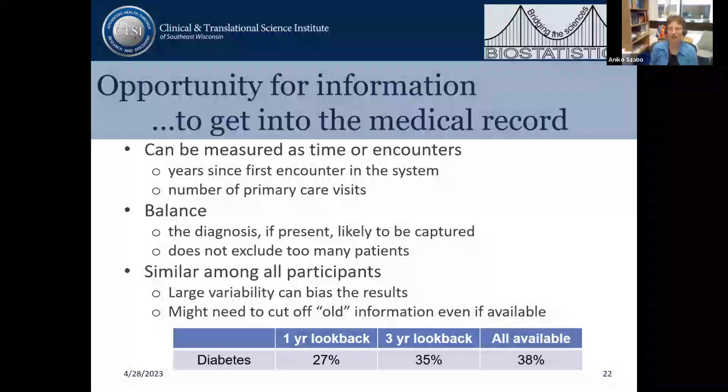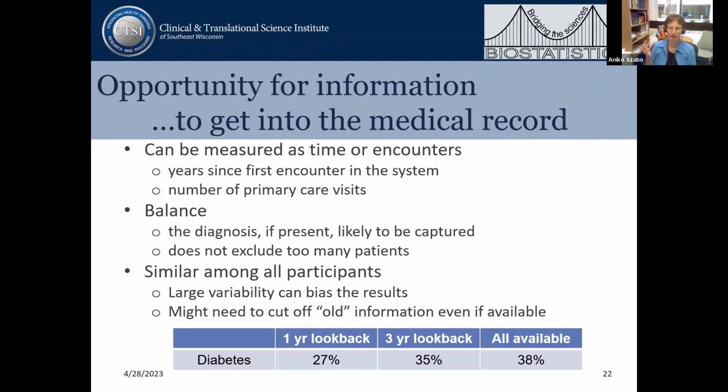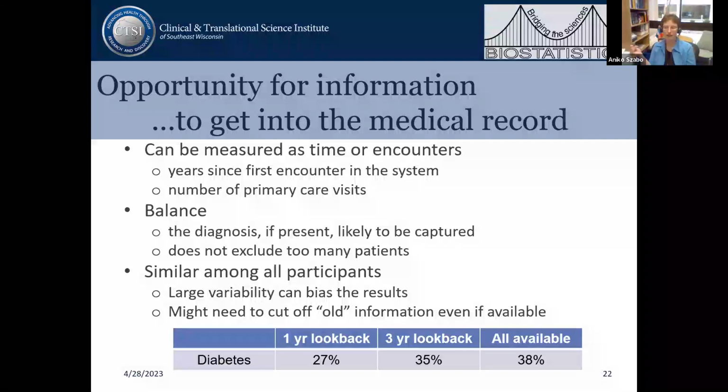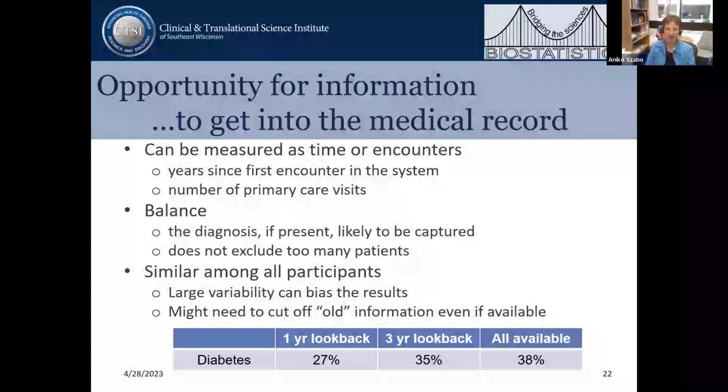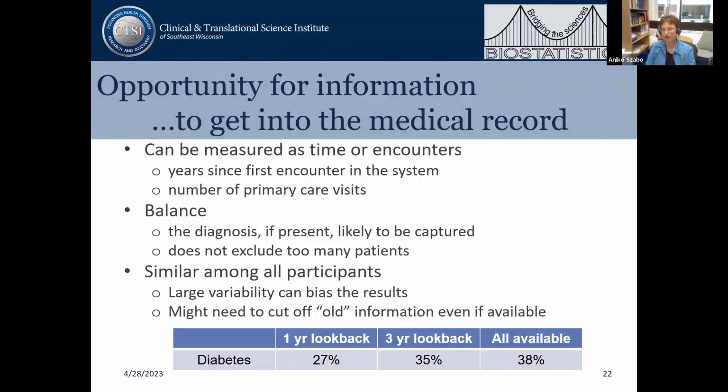And this is always a balance: you want to make sure that the diagnosis is actually captured, if it's present, which takes time or opportunities, but also you don't want to exclude too many patients, because as you give tighter and tighter criteria, you lose more and more patients. Now, the other issue here is that this opportunity for information really should be similar among all the participants.